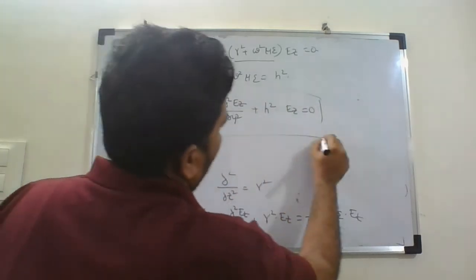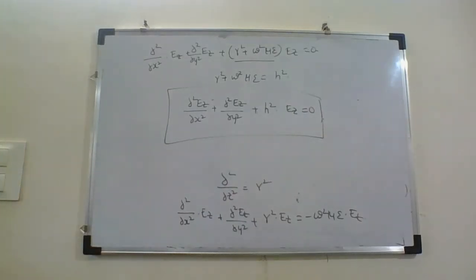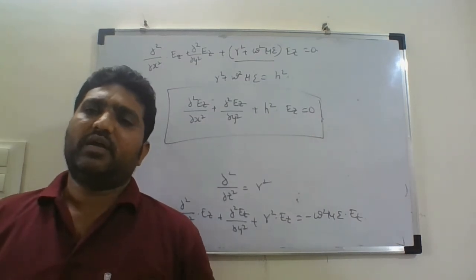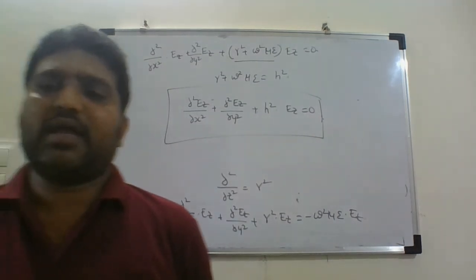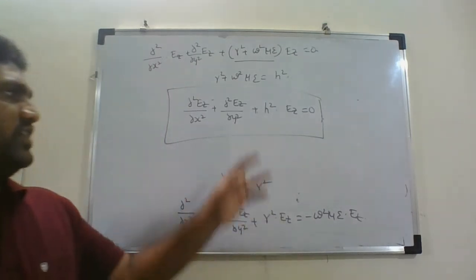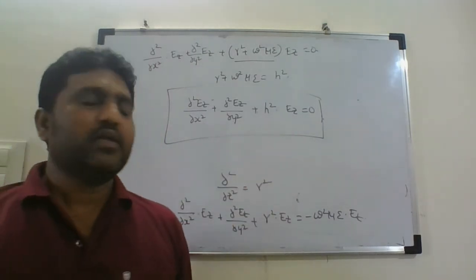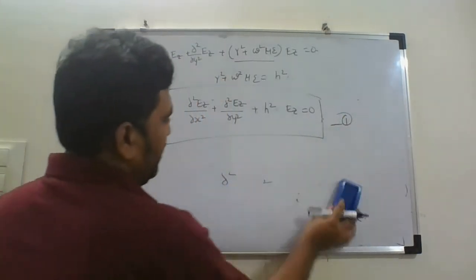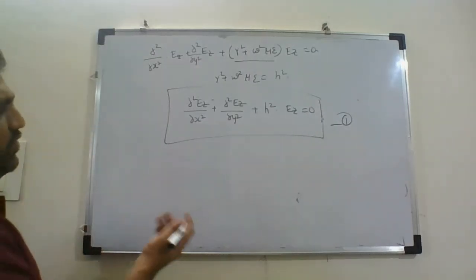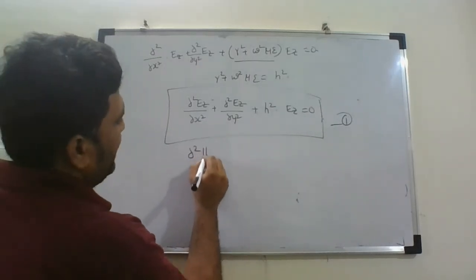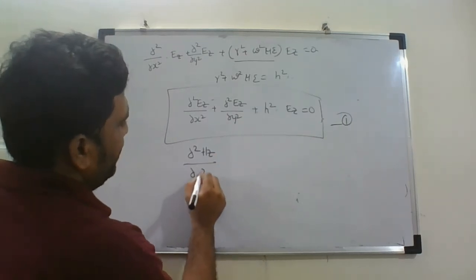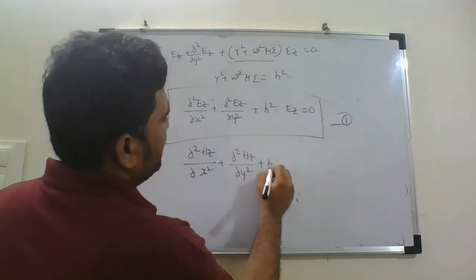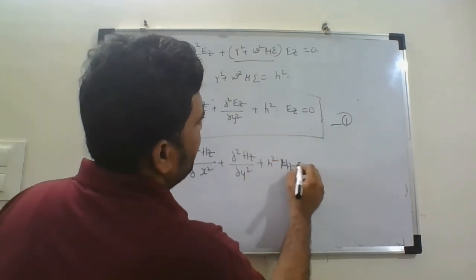This is a partial differential equation which I can solve for Ez, and using the boundary conditions I can derive all the constants, from which I can calculate the Ez value. In similar lines, if I take the second equation and solve for it, I get ∂²Hz/∂x² plus ∂²Hz/∂y² plus small h square into Hz is equal to 0.